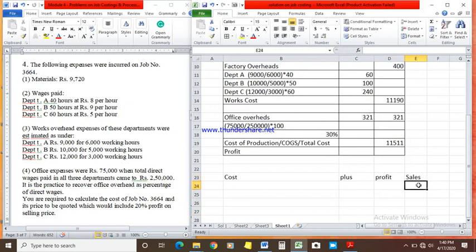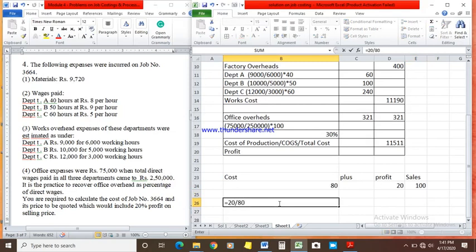If the sales is 100, profit is going to be 20, the cost is going to be 80. So if it is 20% profit on selling price, how much is it on cost? Using the formula, 20 divided by 80 into 100, you get 25% on cost.